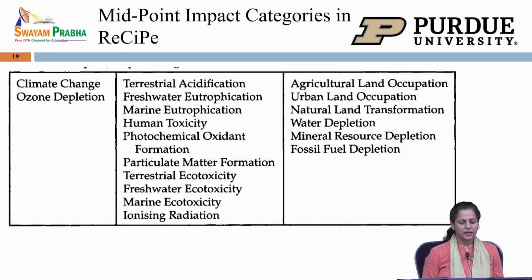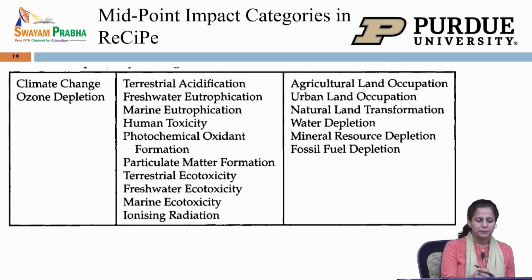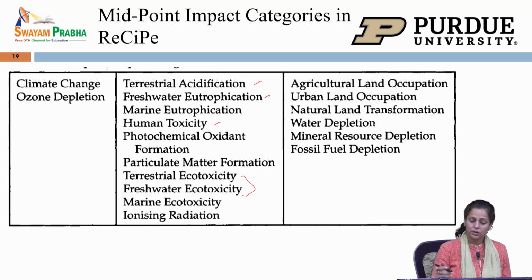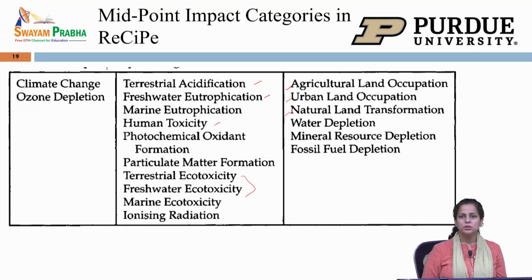Some of the midpoint categories are our usual suspects of climate change, ozone depletion, acidification, eutrophication, and also human toxicity and ecological toxicity. It also has additional agricultural land occupation, urban land occupation, and natural land transformation. So, it does focus on how your process is affecting the land transformation, which is an important sustainability decision criterion if you are looking at the impact of your emerging processes.